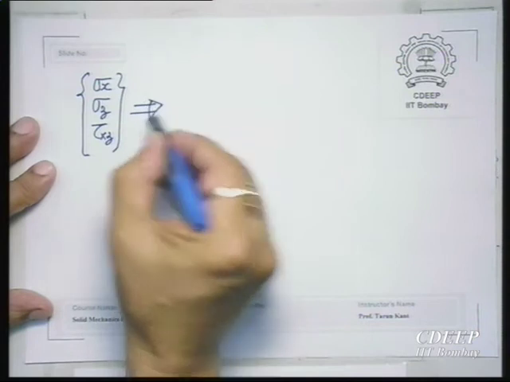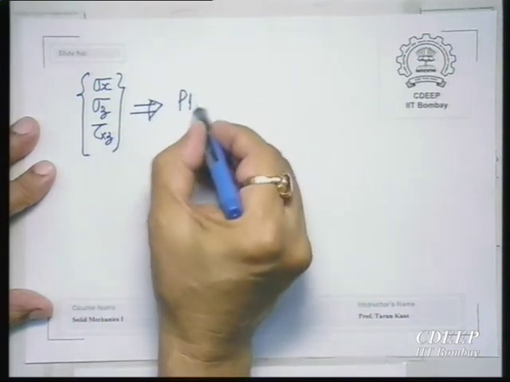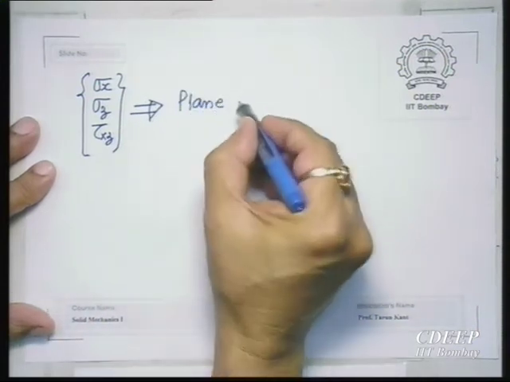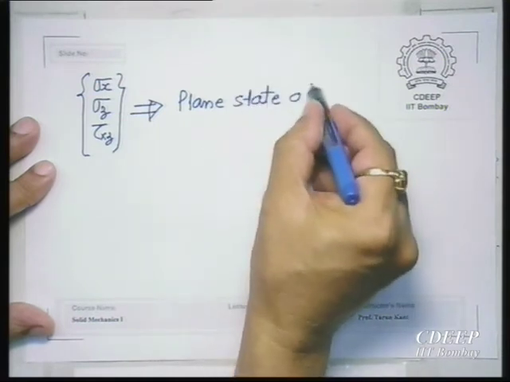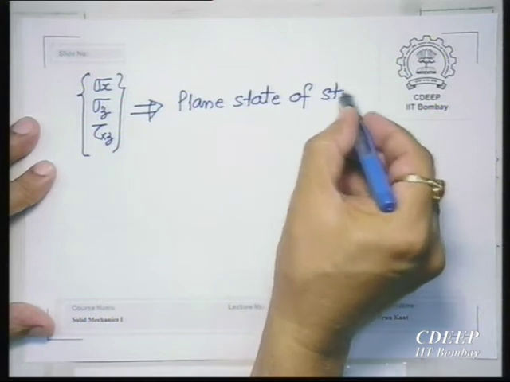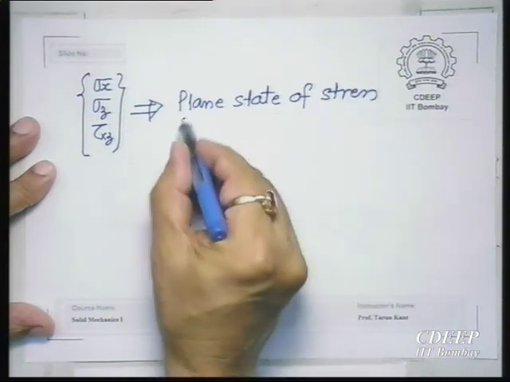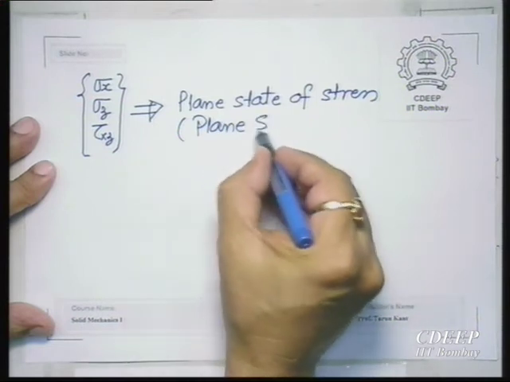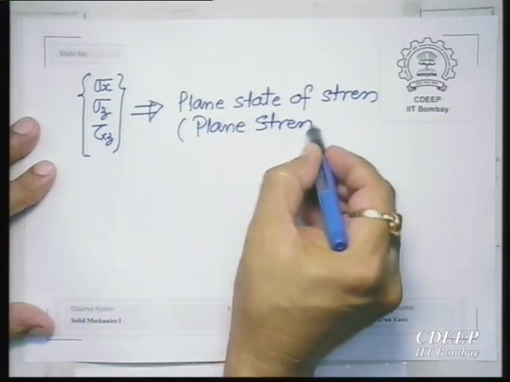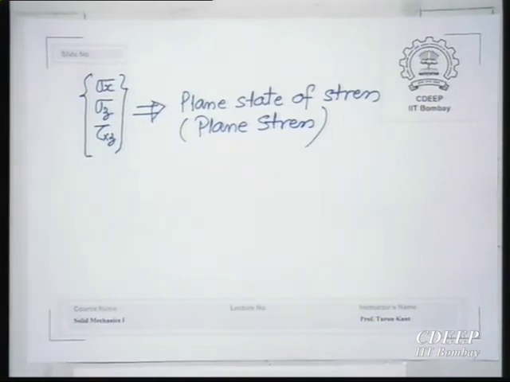Are these not planar? Should I call this plane state of stress? And that is called plane stress. So, the xz plane is under plane stress.